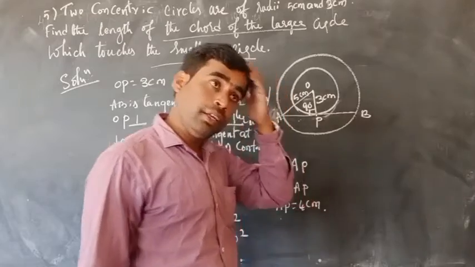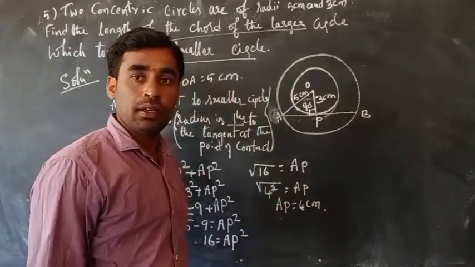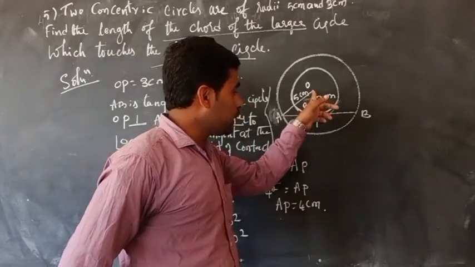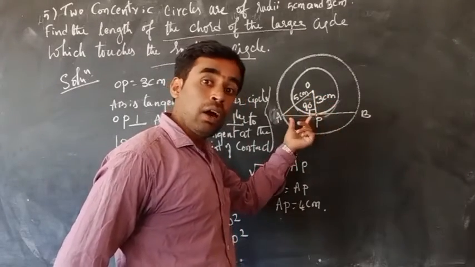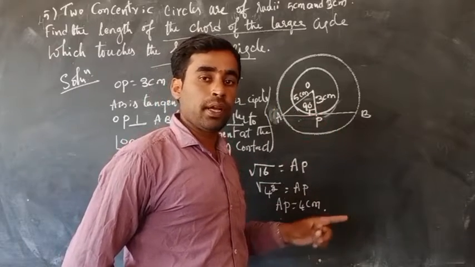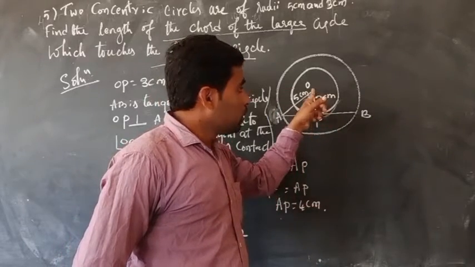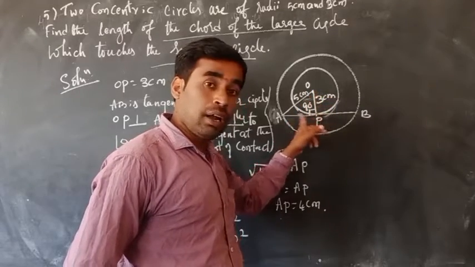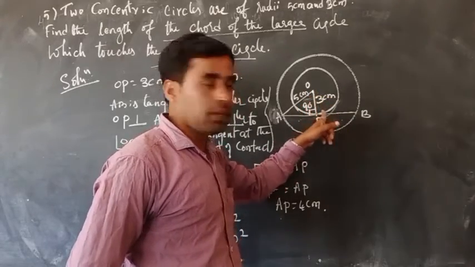We have already discussed in the 9th standard: a perpendicular line drawn from the center point to the chord gets bisected. That is the 9th standard property. Already it is a perpendicular line.